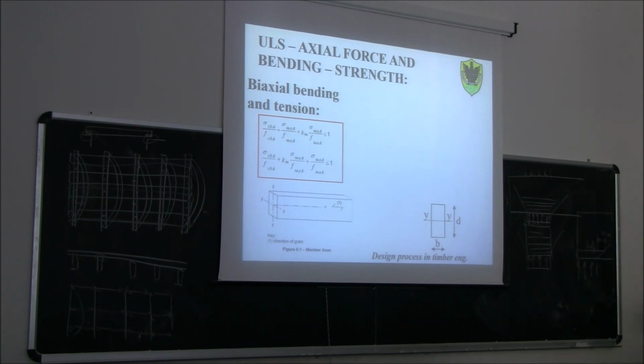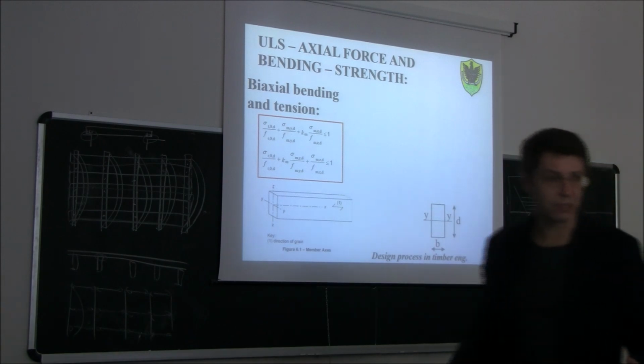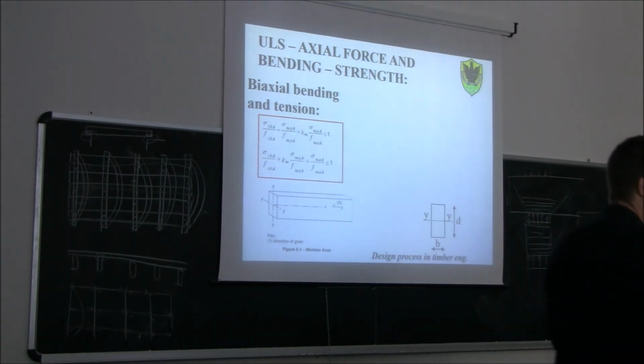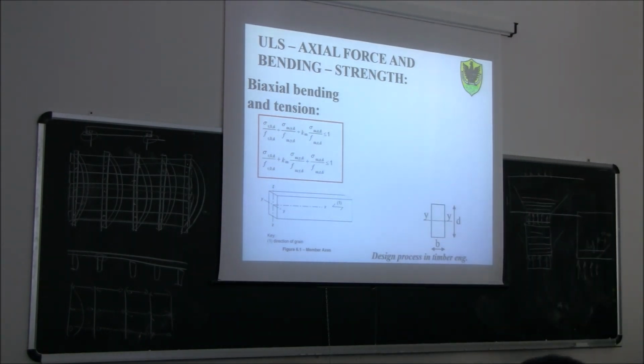Again, if you go back to the problem that we saw before, let's say the De Saint-Venant theory, in the case of coupled biaxial bending and tension, what you would have done is basically add to those two stresses that we found before another stress component due to the tensile force. So what we've done before, we calculated sigma m,y,d and sigma m,z,d due to the two components of bending.